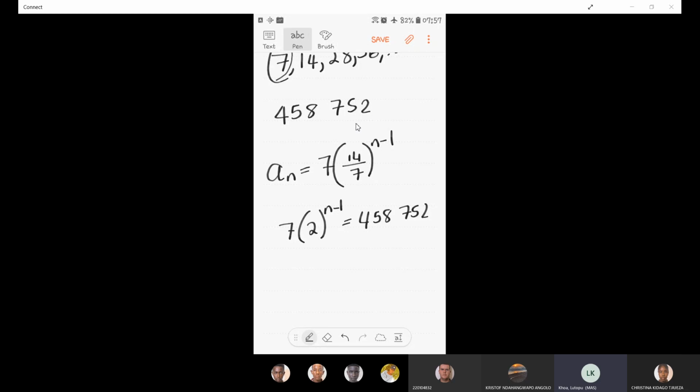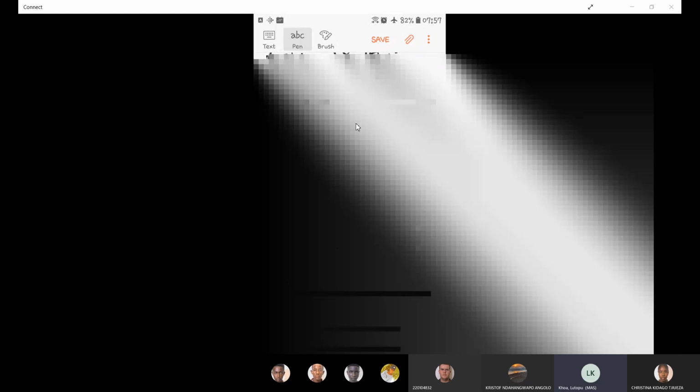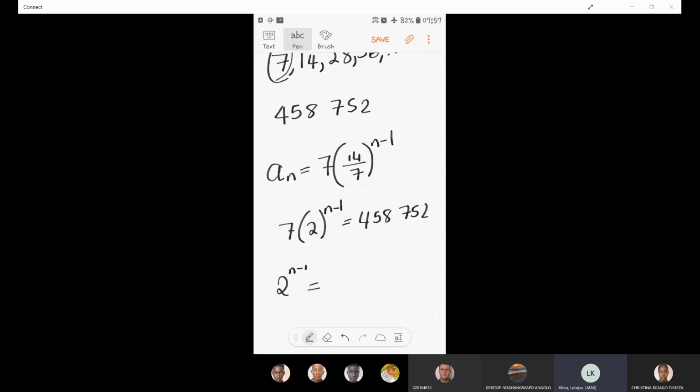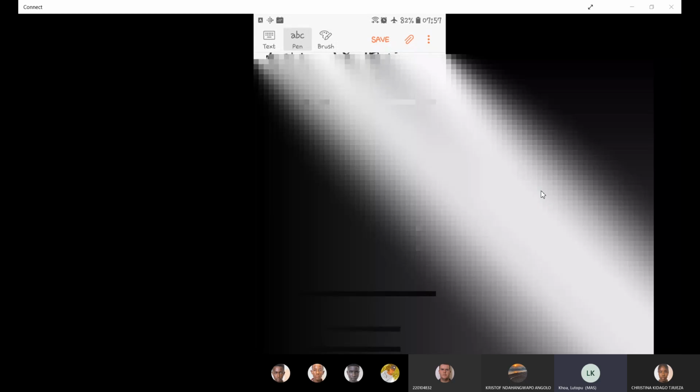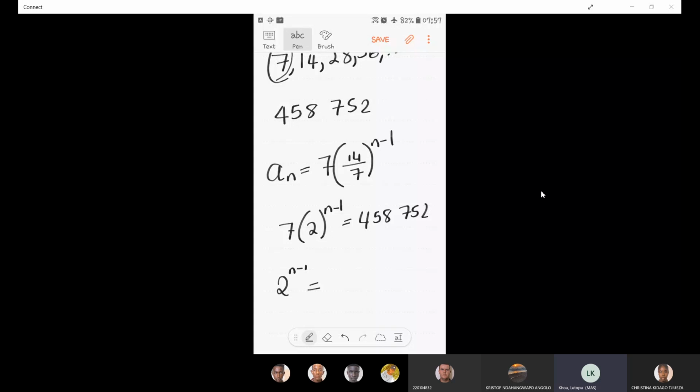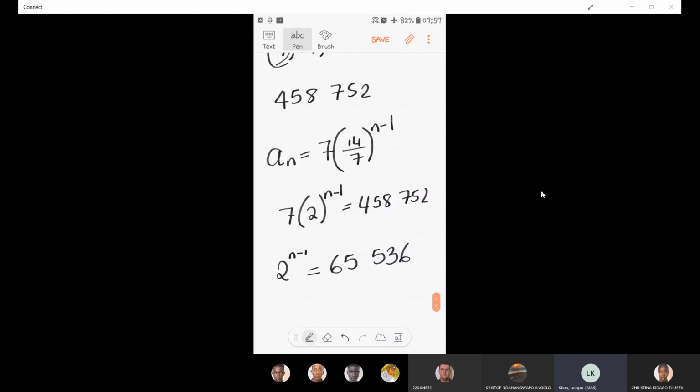So when you divide by 7 on both sides, you're left with 2 to the power of n minus 1 equal to, on the other side you get 65,536.